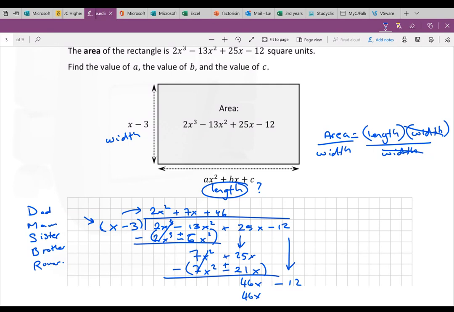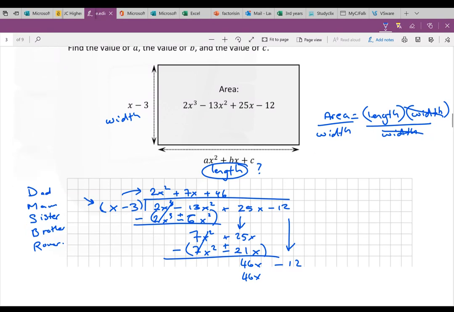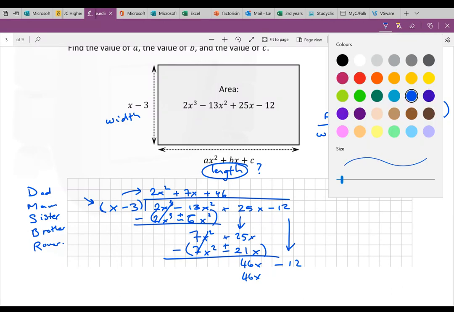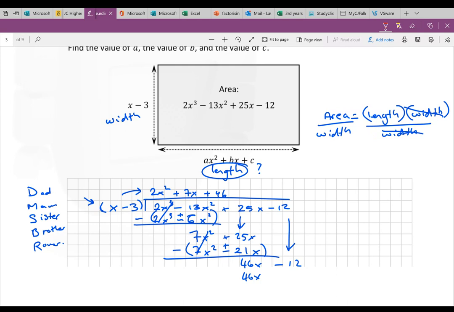Right, hold on now. 2x squared. Did I make a mistake here? Minus 13 plus 6 is, oh no, this should have been minus 7. See my mistake? This should have been minus 7x squared.